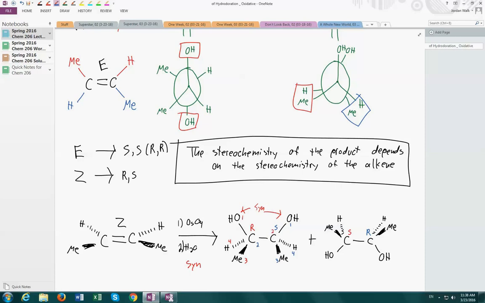It would, right? Because SS has an enantiomer, it's RR. Would the Z double bond lead to an optically active product? No, and that's because since RS is meso, we know it's achiral, and if we have a molecule that's achiral, it's definitely not optically active. Optically active molecules must have an enantiomer. Okay.